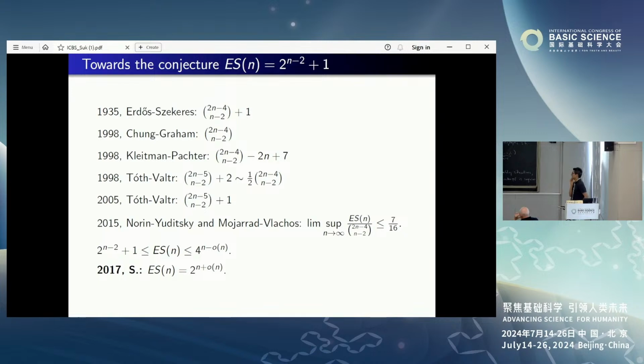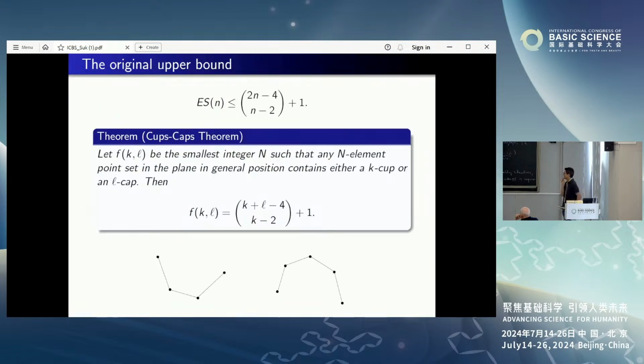This other famous result is the famous cups-caps theorem. A cup is a set of k points in convex position such that if you order the points from left to right, the slopes of these consecutive segments are increasing.